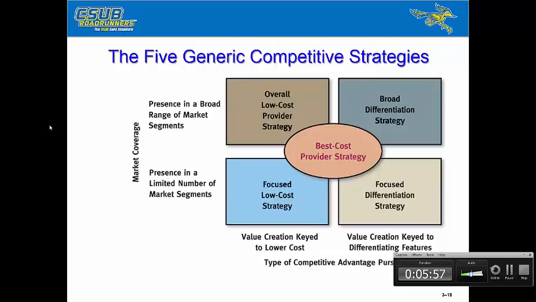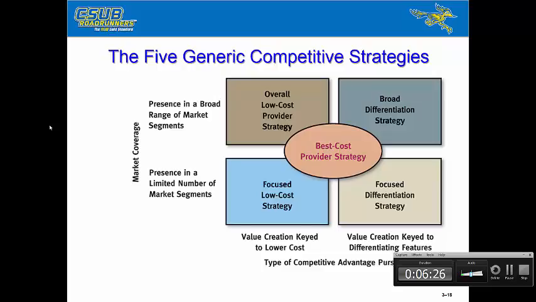So a good example of broad differentiation is Apple. Apple is not the cheapest product in the world, but they appeal to markets everywhere. They're not just trying to get tech geeks or whatever. And overall low cost, a good example of that is Walmart.